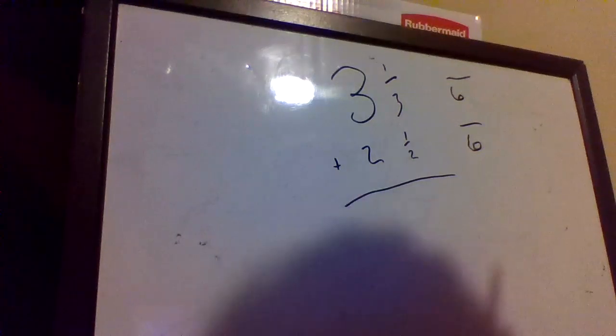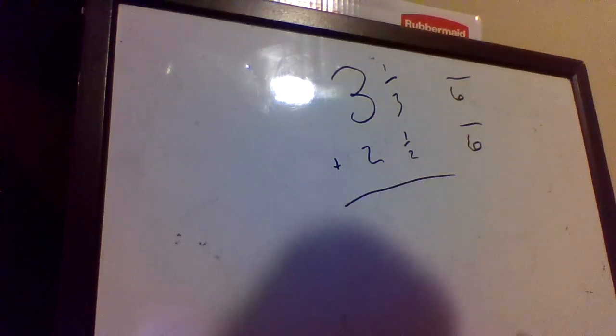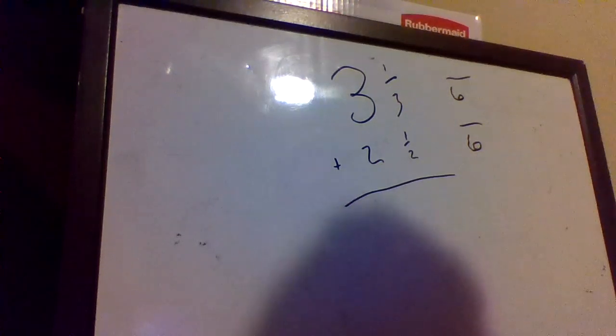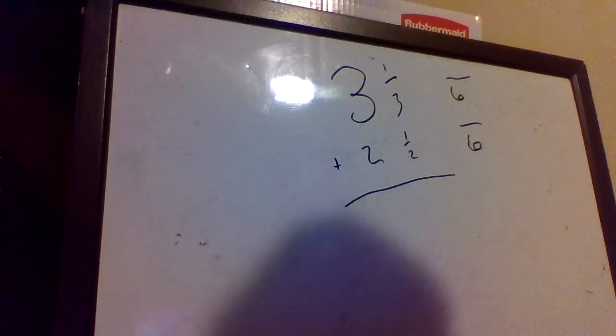But another reason that I know that is because 3 and 2 are both prime numbers. And that means that their only factors are 1 and themselves. So they don't have anything in common. You don't believe me? Work it out yourself or Google it. But I promise you, they're both prime.